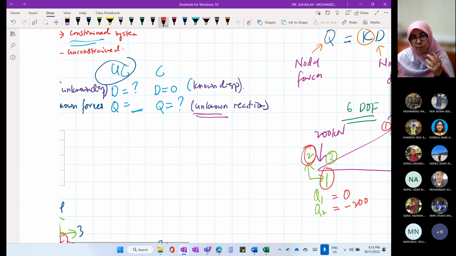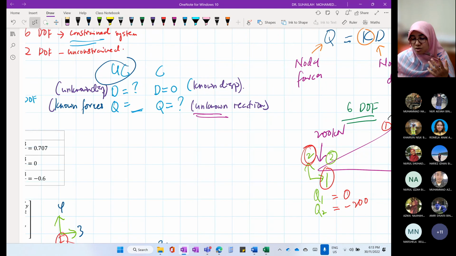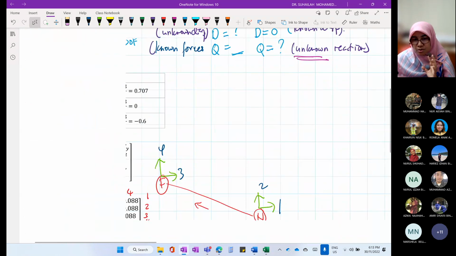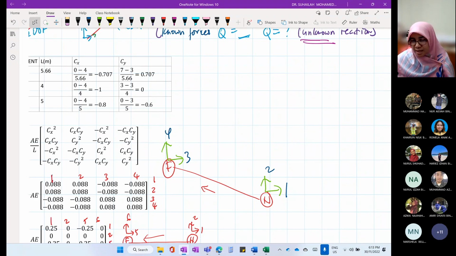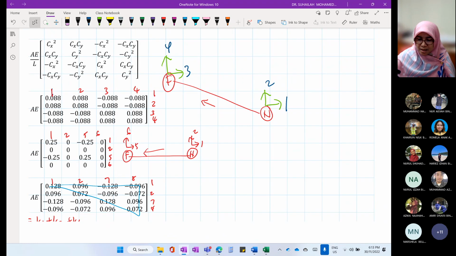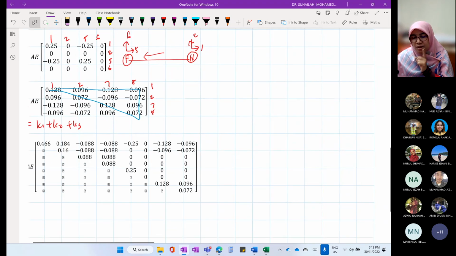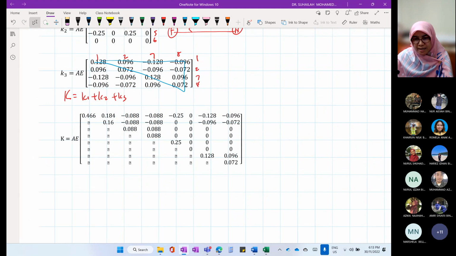If you cannot complete the stiffness equation, you cannot solve the displacement. So you must learn to understand the condition between constraint and unconstrained, between unknown displacement and unknown reaction, between known displacement and known reaction.